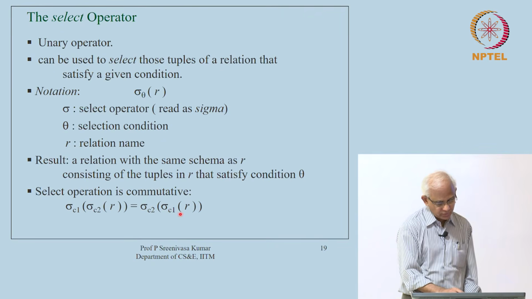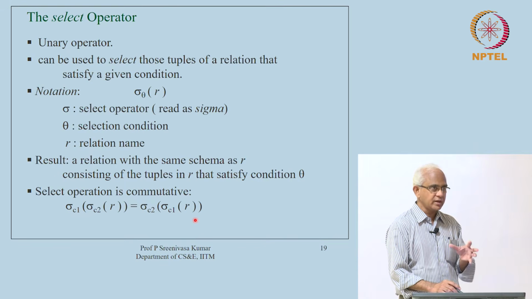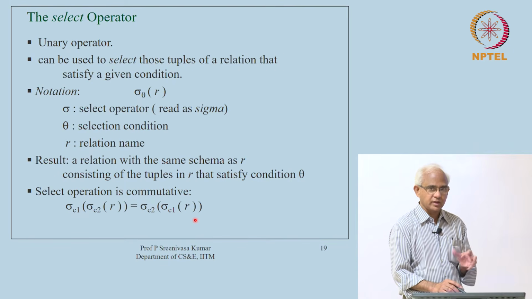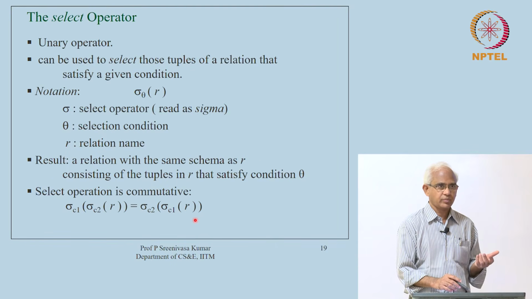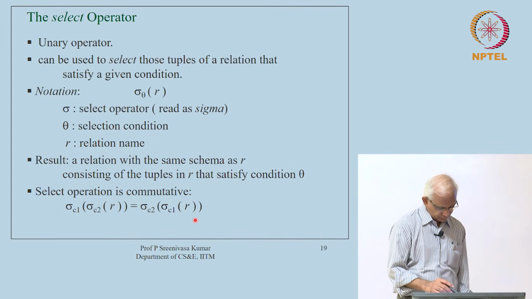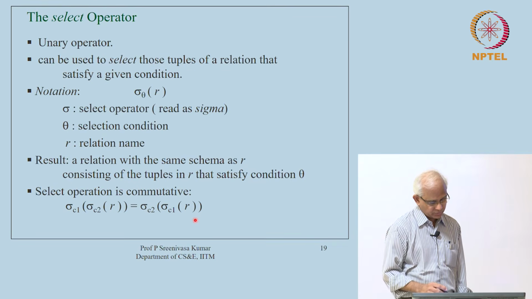It is this kind of identity involving algebra operators that will later help us in rewriting these algebraic expressions, so that it will be advantageous for us to run the query in an efficient manner. So, that is the simplest operator, select.